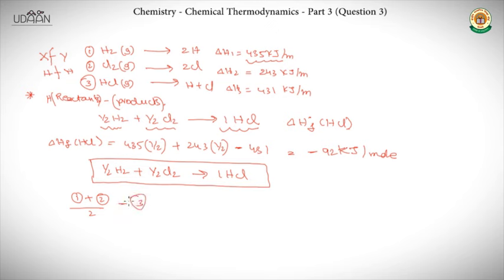Then we'll get this equation. In the same way, heat of formation of HCl will be delta H1 plus delta H2 by 2 minus delta H3. So basically you can apply simple algebra, and that is equal to 92 kilojoules per mole. Comes out to be the same.